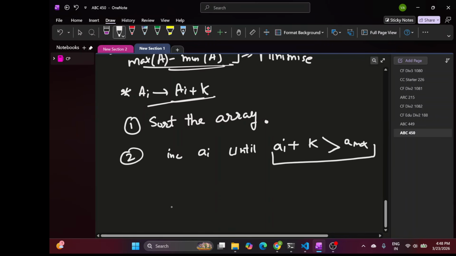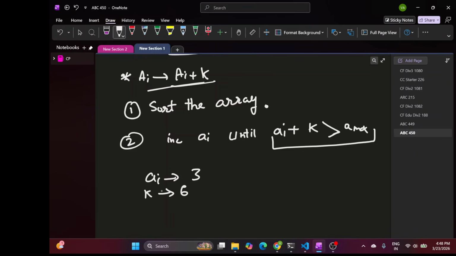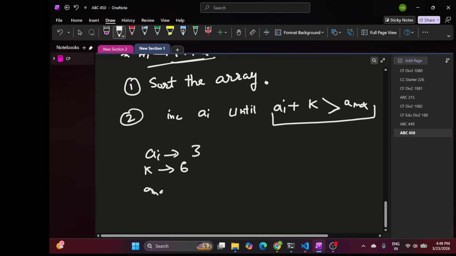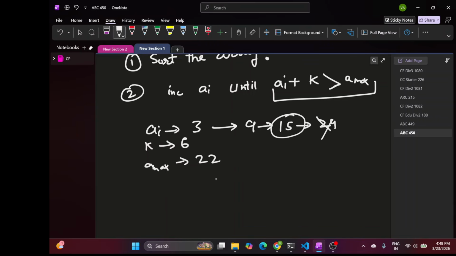So basically, let's say our current value of Ai is 3, K is let's say 6, and A max is let's say 22, right? So we'll increase this value to 9, then we'll increase it to 15, and then it is 24. So we won't increase it to 24, we'll stop at 15, right?